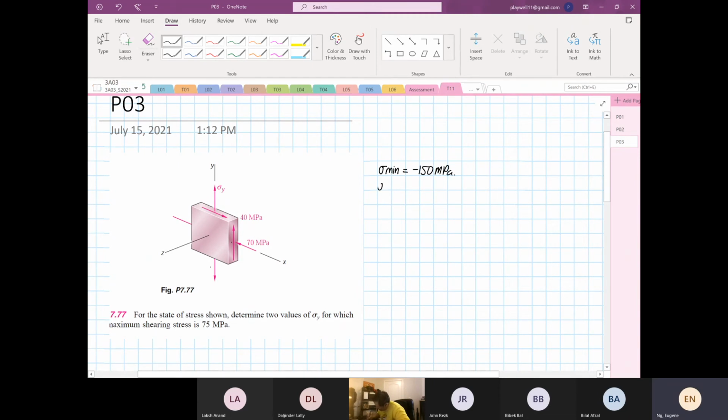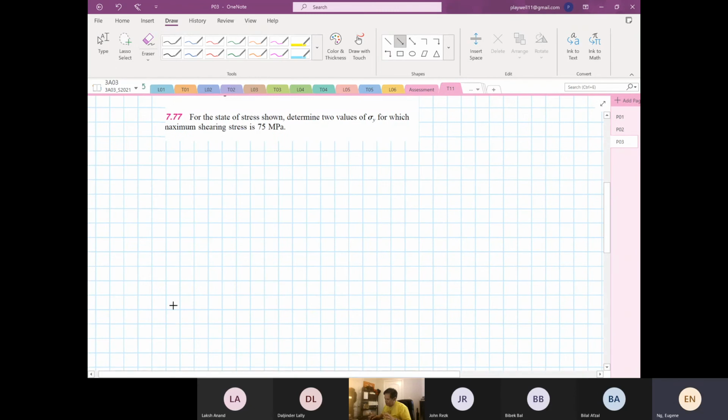Okay, and stress max is equal to 0 megapascal. Right, so we're going to occupy the left hand side, the compression side.